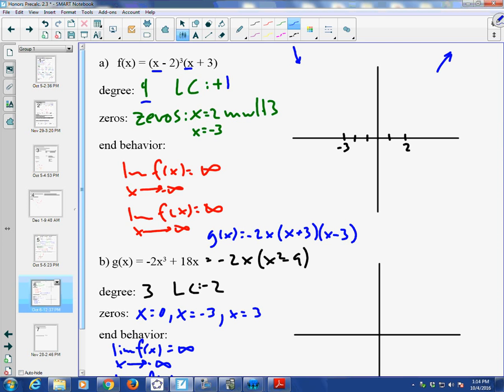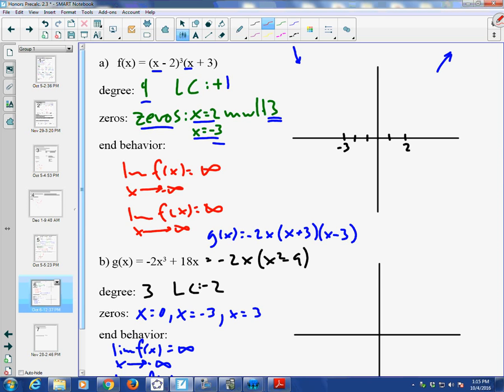Right here, we can look at the zeros. We have a zero of 2 with a multiplicity of 3, right? And a zero of -3 with a multiplicity of 1. So that means that we're going to cross the x-axis with both of these zeros. At -3, we're going to cross like a linear function, since we've got a multiplicity of 1. And at 2, we're going to cross like a cubic, since we've got a multiplicity of 3.